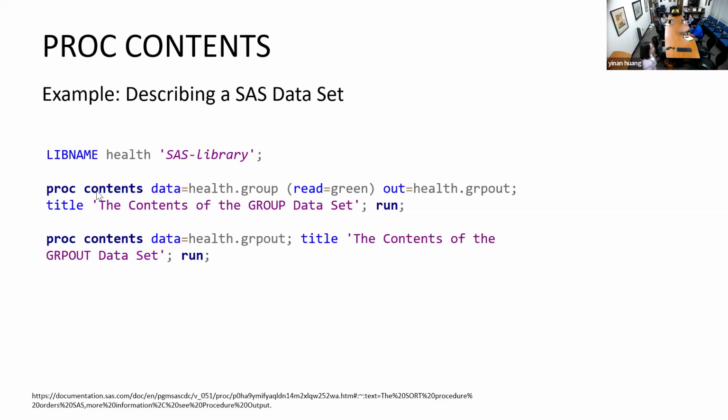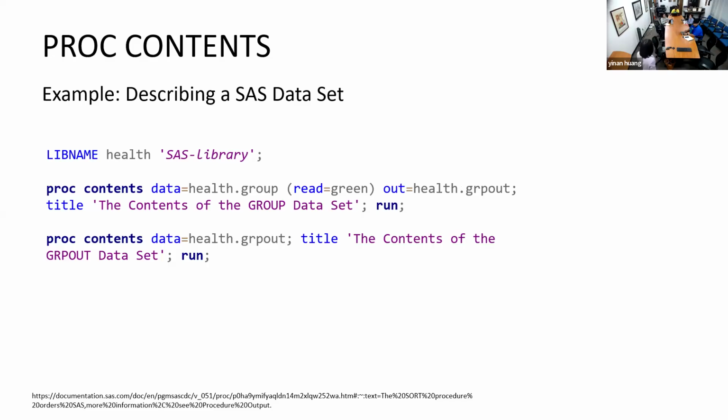You start with proc contents, remember, it's proc contents, and then data equals the data name. Like I said, health is the library name, and then group is the data set name. And you also have the out option here. It means that they will generate a new data set after that.